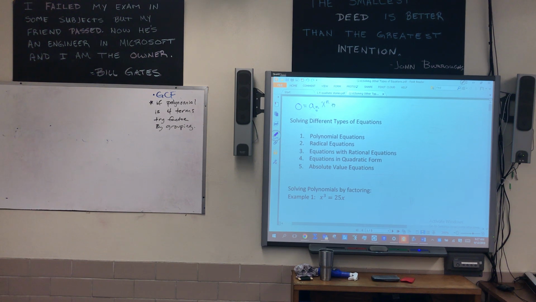Maybe it's a little better when I write it this way: a sub n, and the next one will be a sub n minus 1 x to the n minus 1. Those subscripts of n minus 1, that's the same as the exponent n minus 1, right? So it's just an identifier that allows me to link together. It says this is the coefficient that goes with this x. Okay?